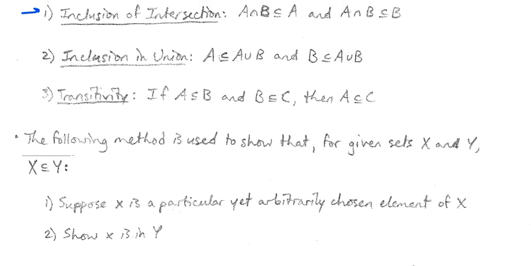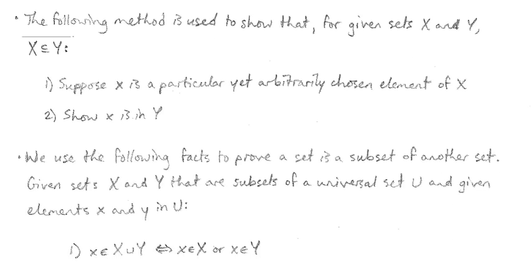So these are the two really main steps that you use to show that if you have two given sets, X and Y, X is a subset of Y. Suppose that little x is a particular yet arbitrarily chosen element of capital X. So we're going to let some guy be in the set capital X. We want to show that this guy little x is in capital Y. And how do we actually do that?